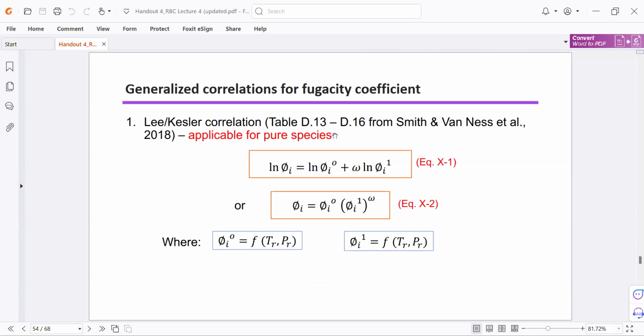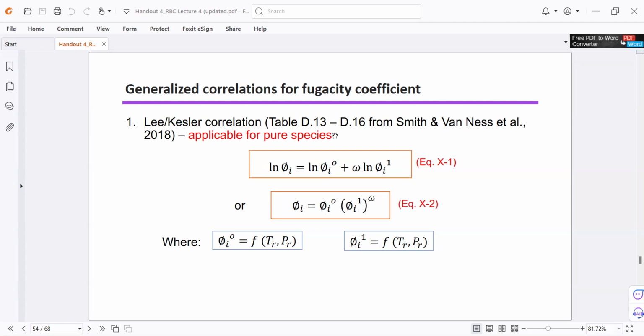So the same way we're doing that for the fugacity coefficient, right? The next approach would be using the Lee-Kesler correlation, which I think you're familiar with because of the compressibility factor in ChE 142.